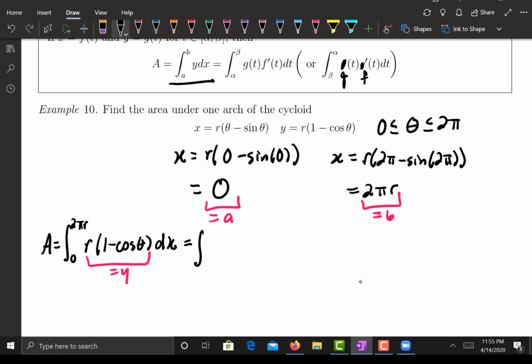Equals, based on my formula for integrals for a parametric equation, my bounds of the parameter 0 to 2 pi, r times 1 minus cosine of theta, times the derivative of the function with x. So r times, and let's go ahead and change that to blue, 1 minus cosine of theta d theta.